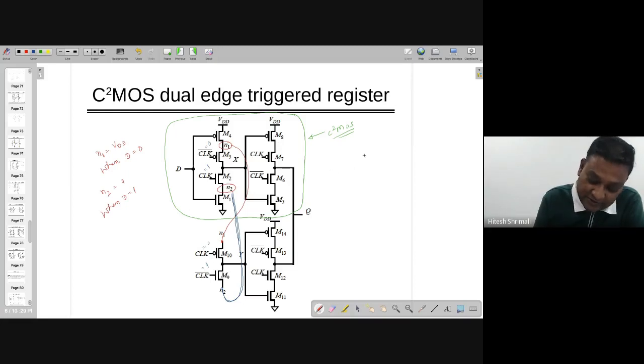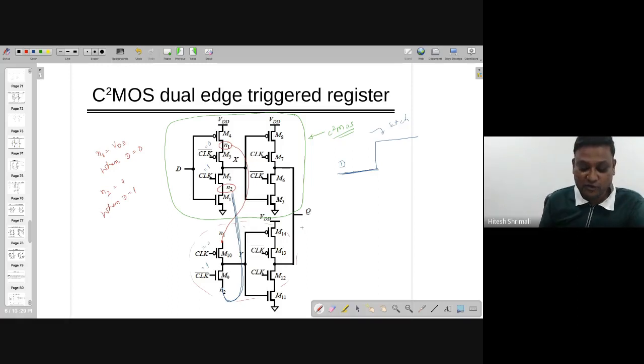During 0, D will be sampled over here, and during clock bar, it's a latch value in C-square MOS. But looking at it the other way around, during the time when that was not taking the output, it's actually taken care of by this circuit. So they complement each other, and that is going to give you the advantage that it's a faster one.